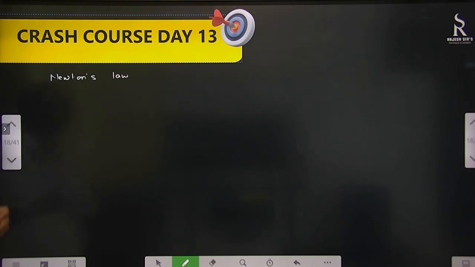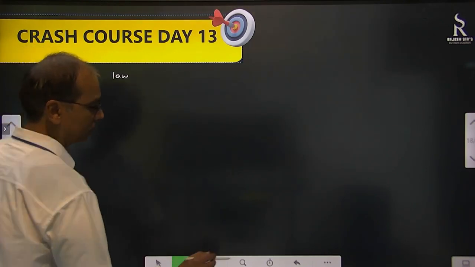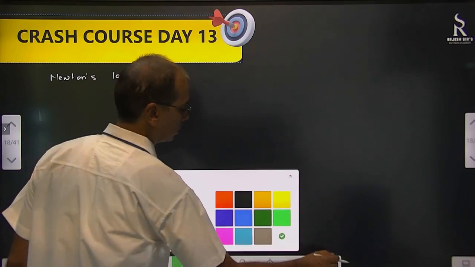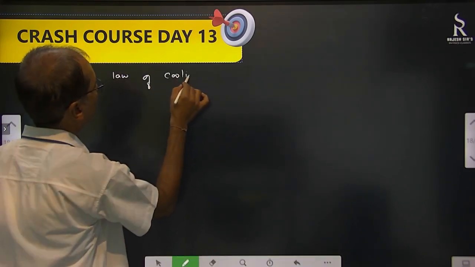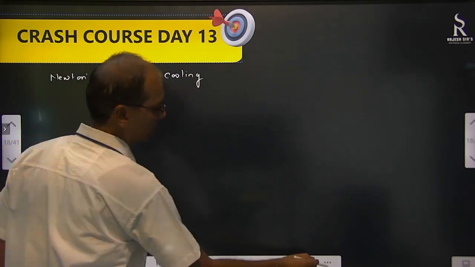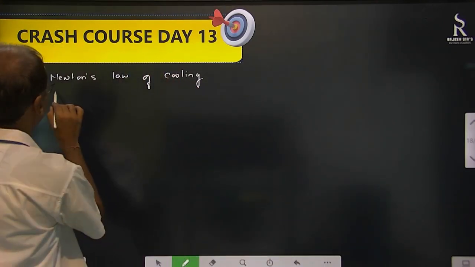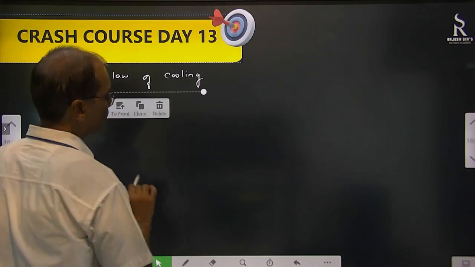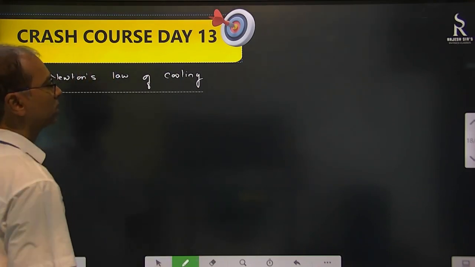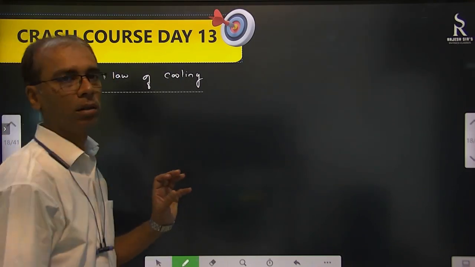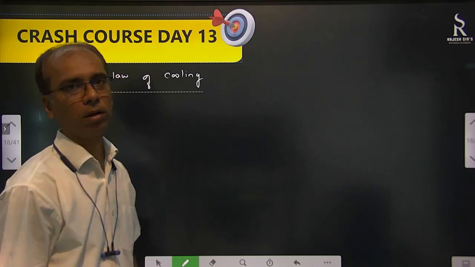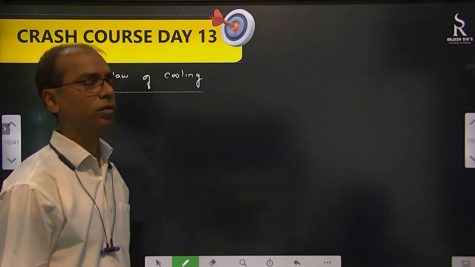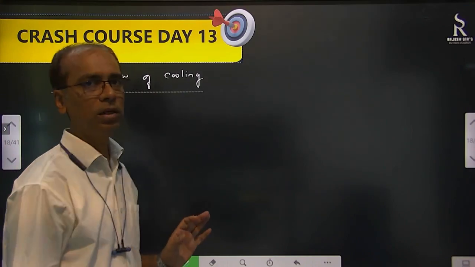Then what else is there? Then we have Newton's law of cooling. What is Newton's law of cooling? Newton's law of cooling is applicable when the temperature difference between two objects is relatively small. For a smaller temperature difference only it matters.